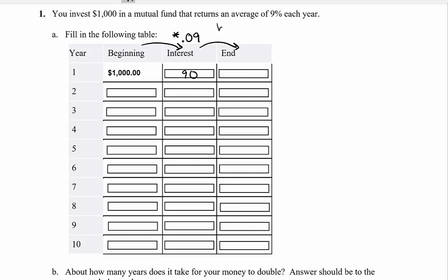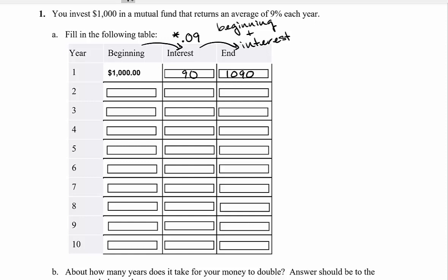You have to take your beginning balance and add on the interest that you earned that year. So this way your money makes money for you just by sitting in this mutual fund account. So if we take this 1,000 and add it to this 90, we'll have $1,090. That would be wonderful.